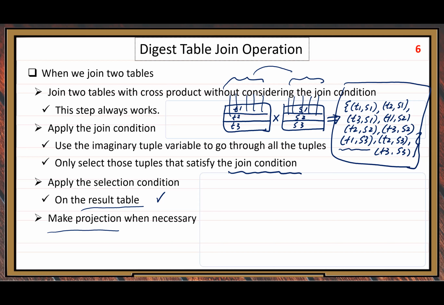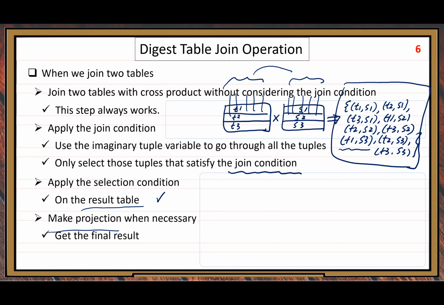So you need to do projection. The last step is to take the projection, so you get your final result. That's the procedure. Inside the DBMS, it follows this procedure to generate the table join result.